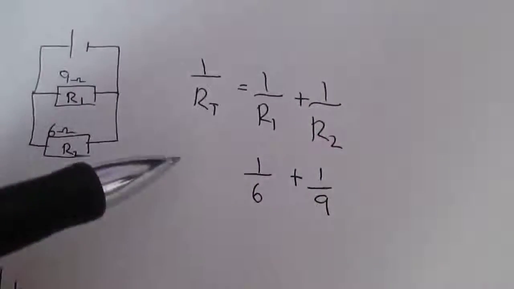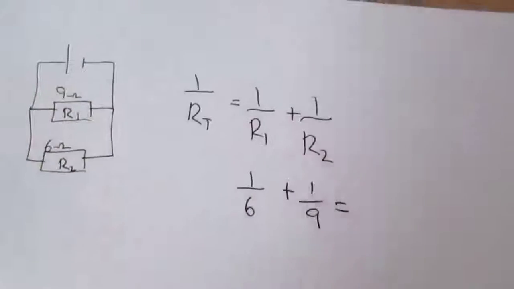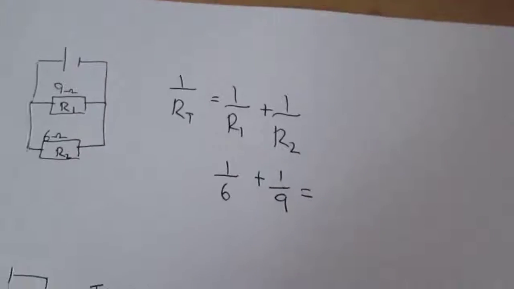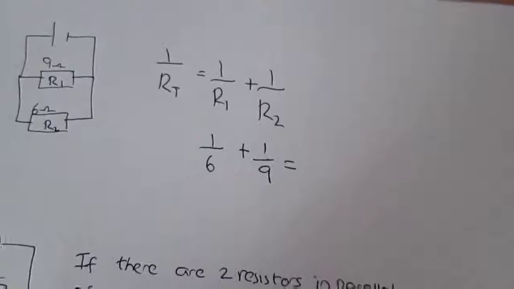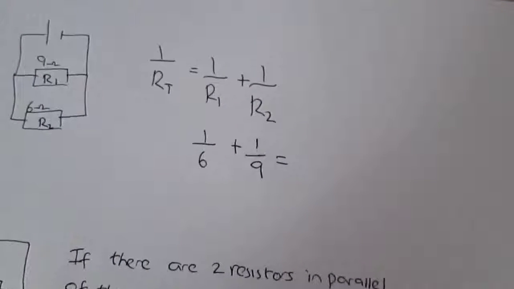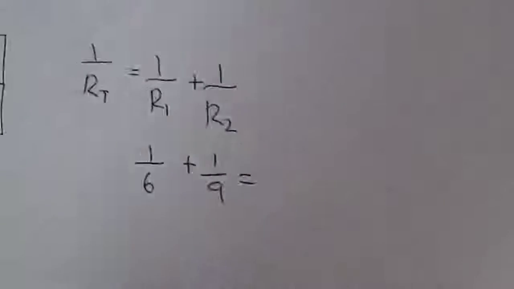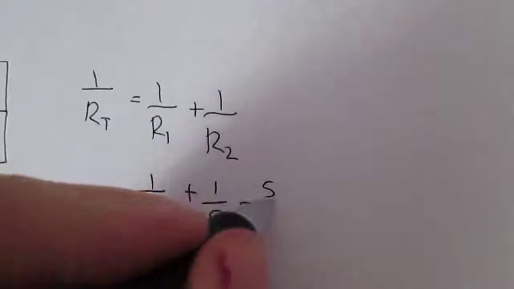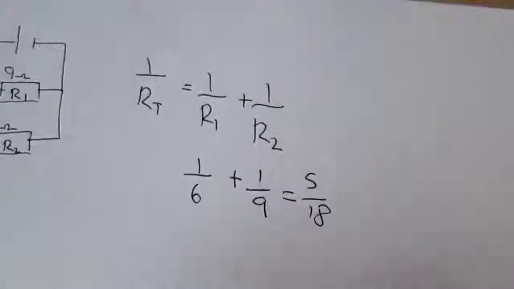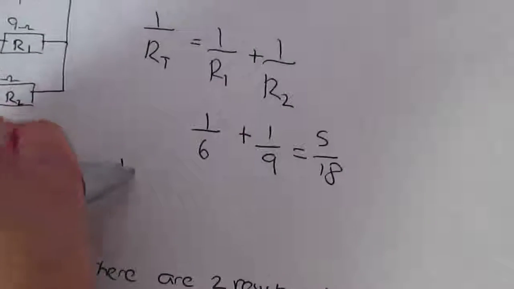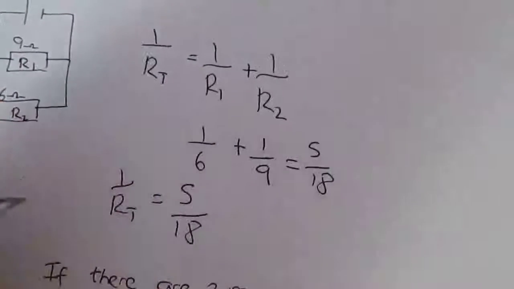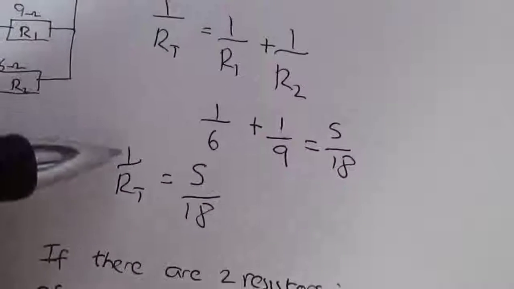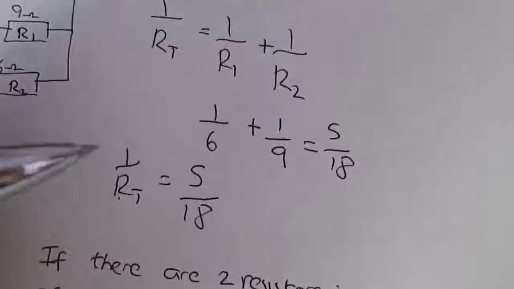So I've just done 1 over each of them, and that will equal 5 over 18. So we have 1 over RT equals 5 over 18. We don't want 1 over the total resistance, we want the total resistance.